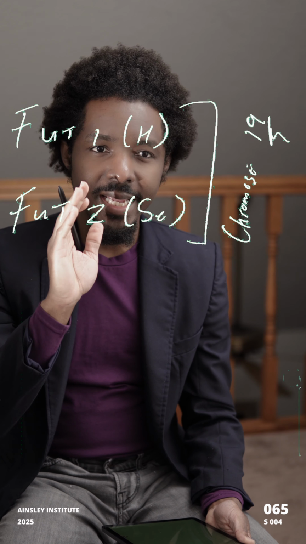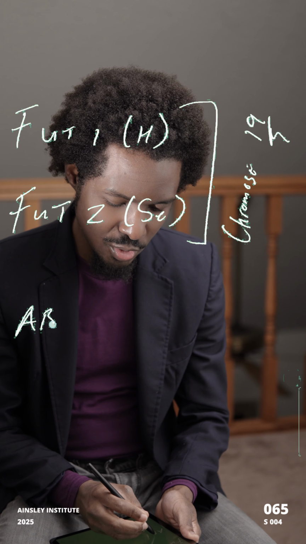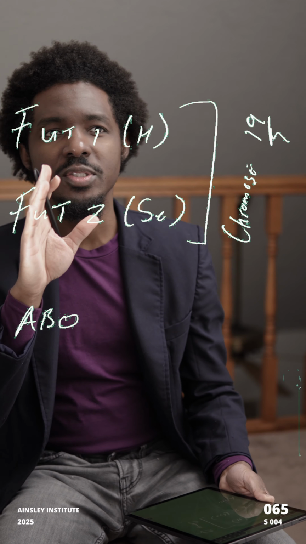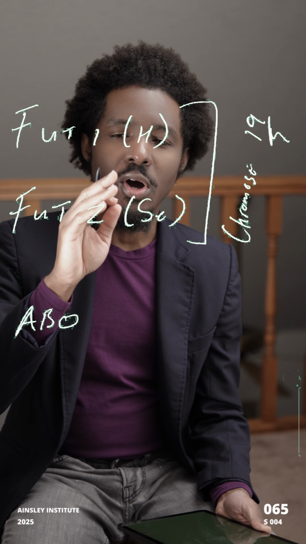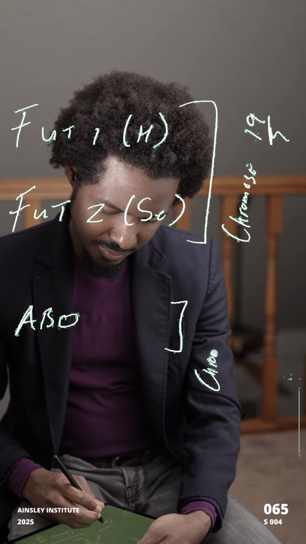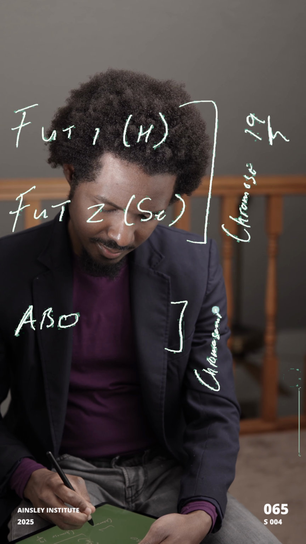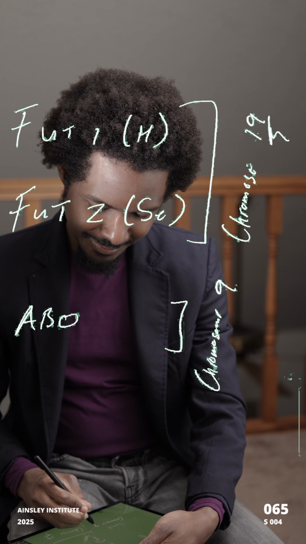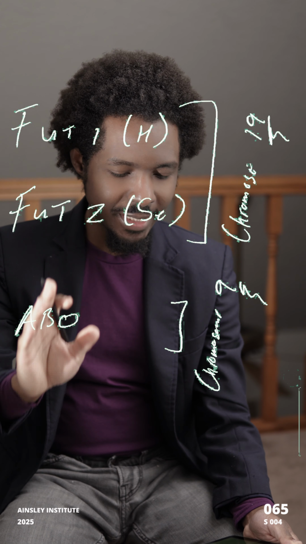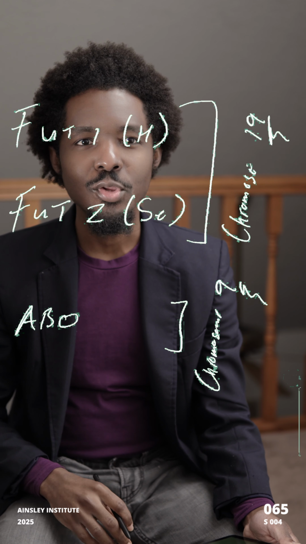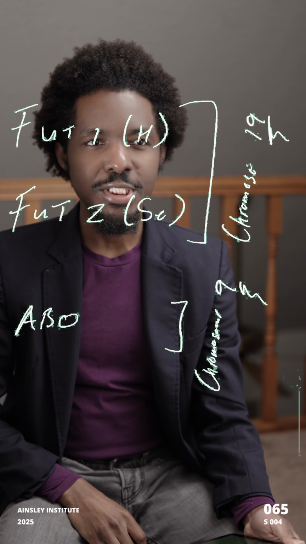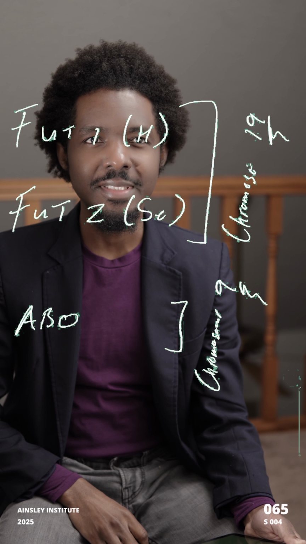In contrast to the ABO genes, we discussed previously that these were located on chromosome 9. Alright? So the H and SE genes are located on chromosome 19, while the ABO genes are located on chromosome 9.